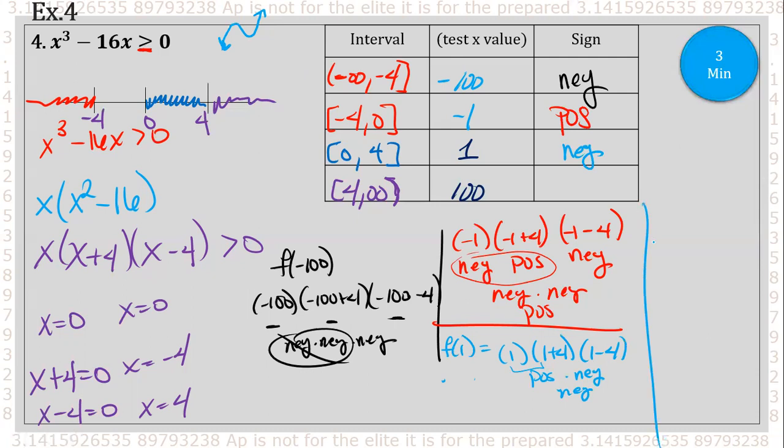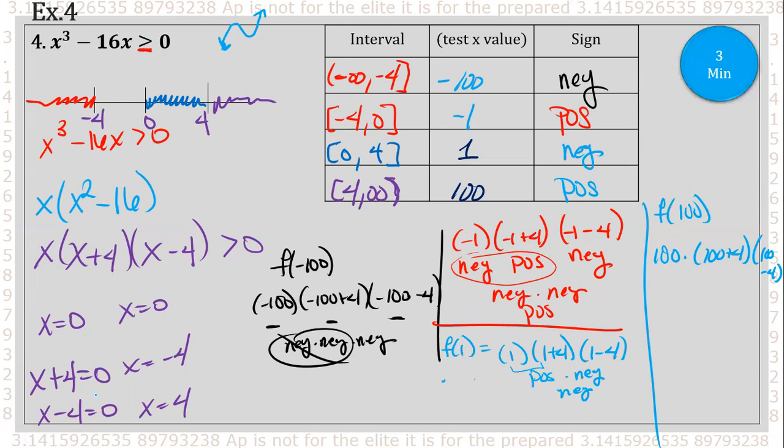And last one. Okay. f of 100. So we do the same thing. 100 times 100 plus 4, and then 100 minus 4. So all of these were positive numbers, so it's going to be a positive.